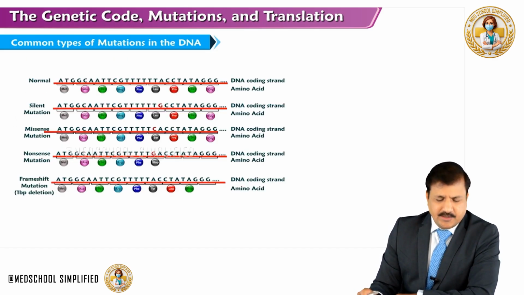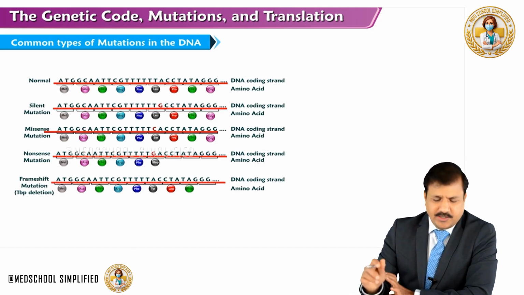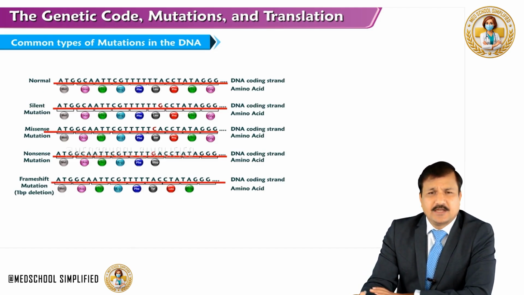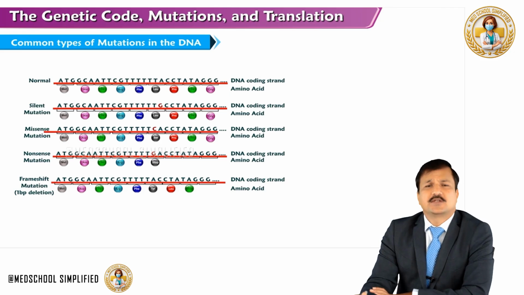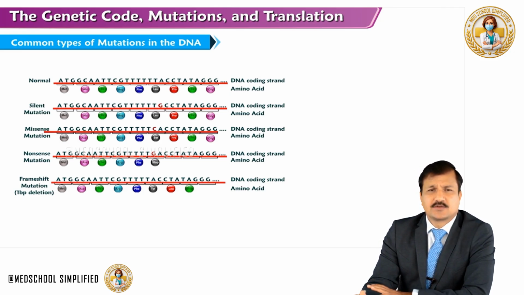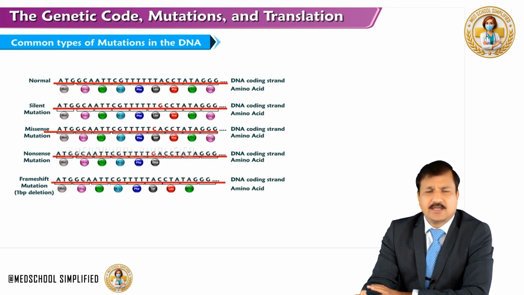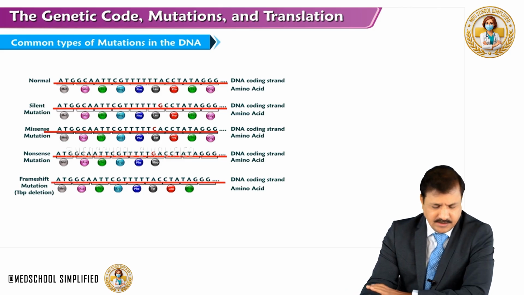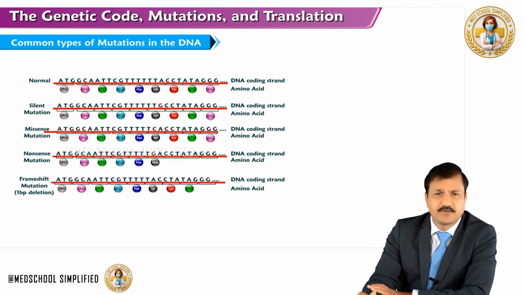Now let me explain common types of mutations that are seen in DNA. The figure here shows different types of mutations that are commonly seen in DNA. That is silent mutation, missense mutation, nonsense mutation and frameshift mutation.